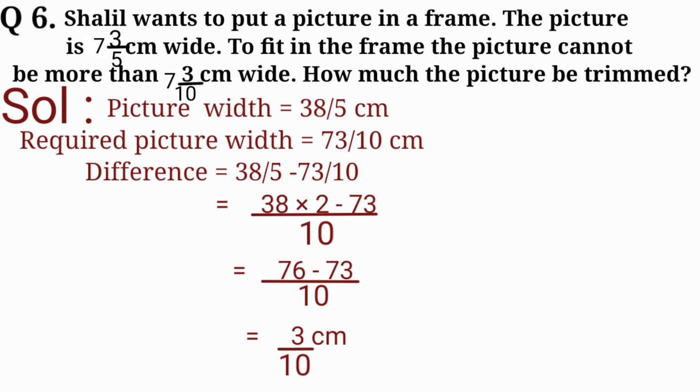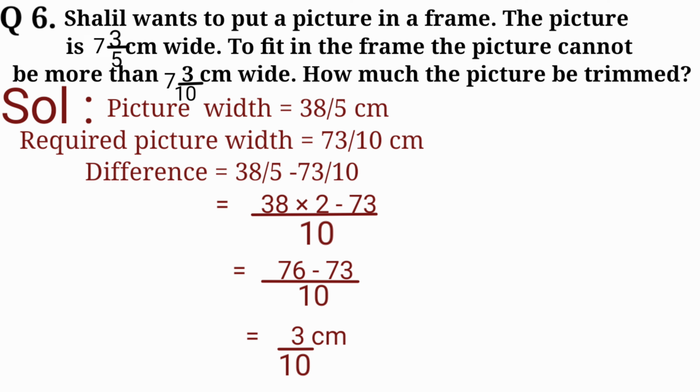So how much do we have to trim? As I told you, to find how much we have to trim, we have to do subtraction. So we'll do subtraction: 38 by 5 minus 73 upon 10. For subtraction, these denominators are not the same, so we'll make them the same first of all. After taking LCM of 5 and 10, we'll get 10.